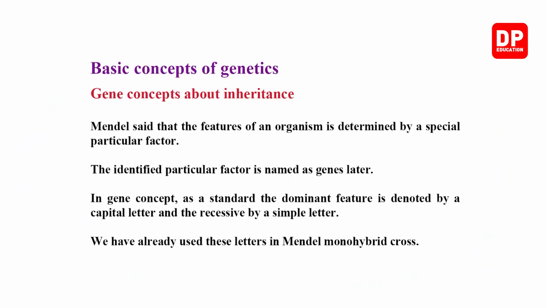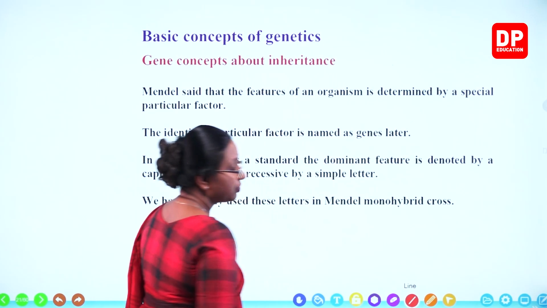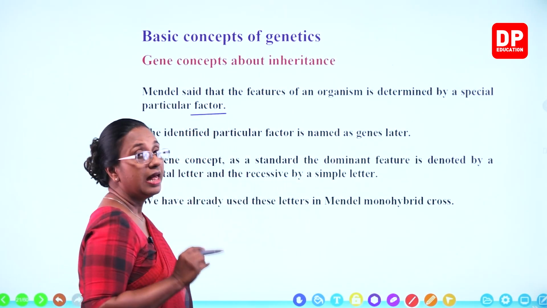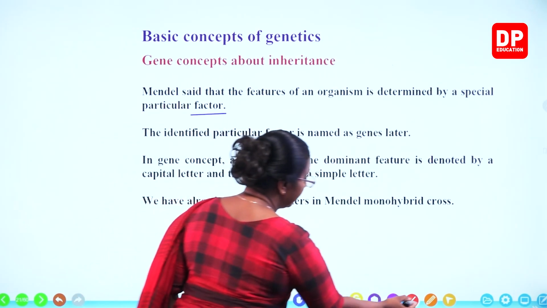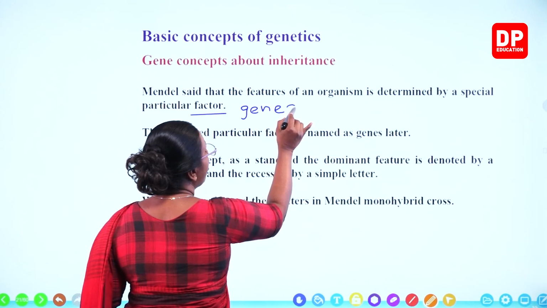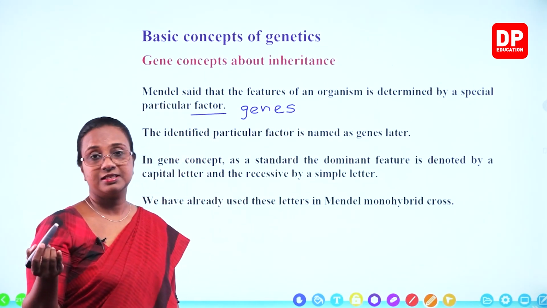So when we say gene concepts about inheritance, you remember Mendel said that the features of an organism are determined by a special particular factor. So what is this special particular factor? That is what we will be discussing as genes. Now we already used letters.